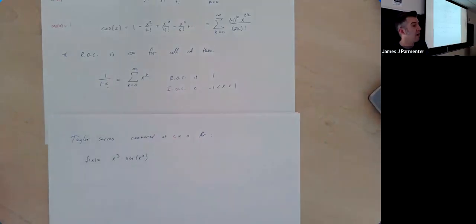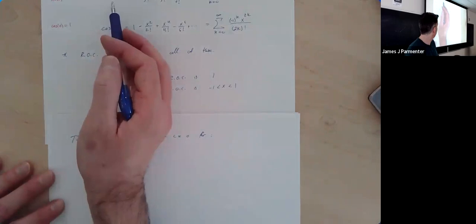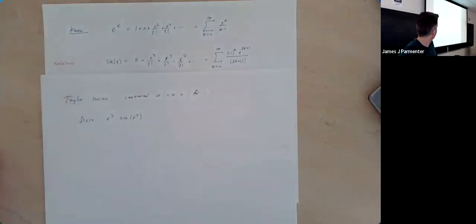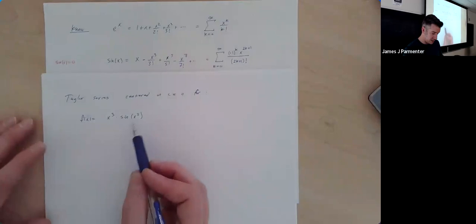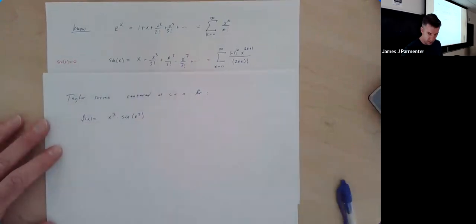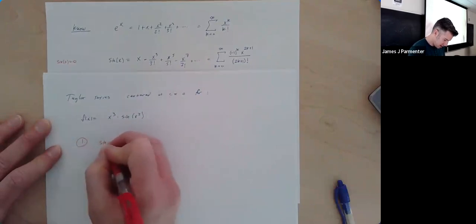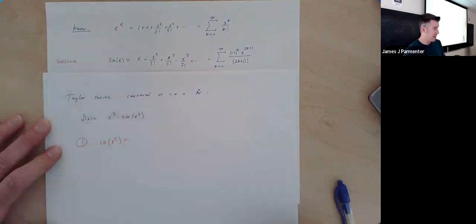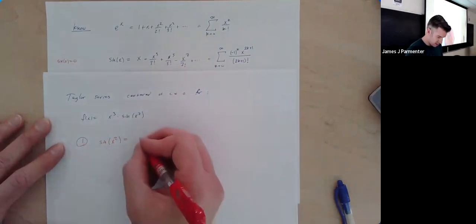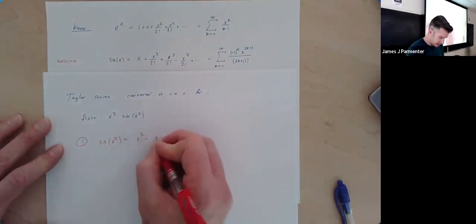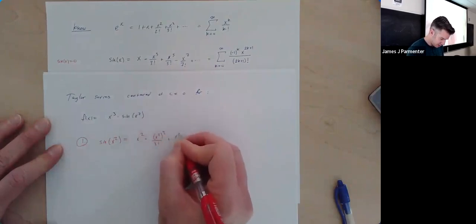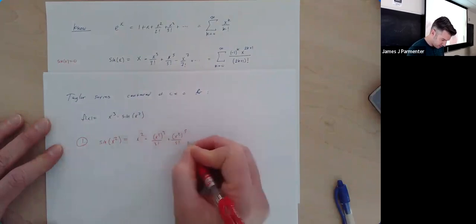There's no way I'm going to find all these derivatives and plug in the center and find all the coefficients. What I'm going to do is take my series for sine and then replace x with x squared. So first, step 1, sine of x squared. Every x just gets replaced by x squared. So it's x squared minus x squared cubed over 3 factorial plus x squared to the 5th over 5 factorial, et cetera.